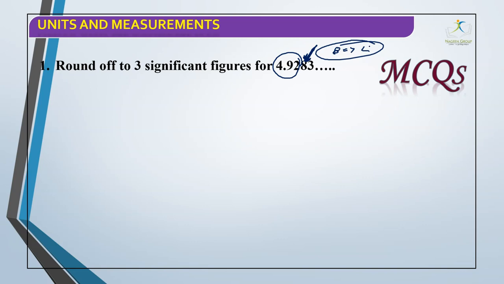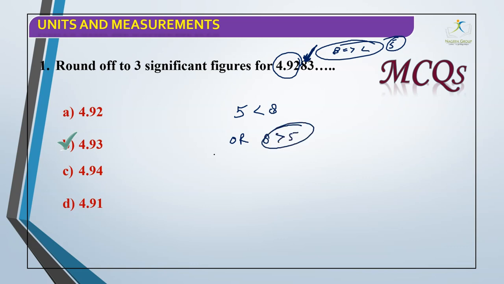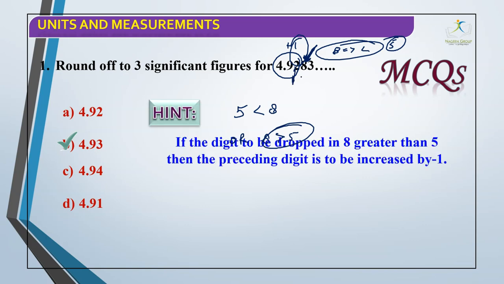Is it 4.92, 4.93, 4.94, or 4.91? The correct answer, students, is 4.93. Since 8 is greater than 5, we raise this value by 1.